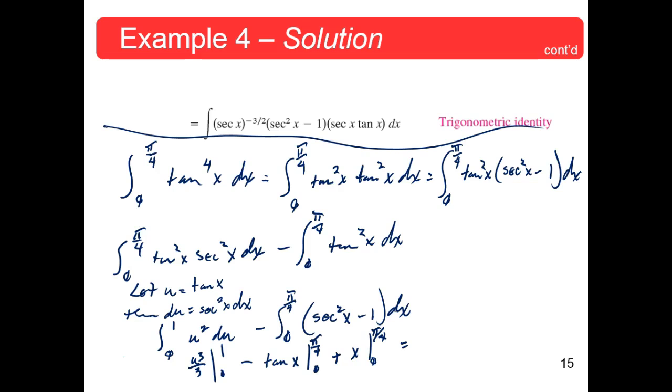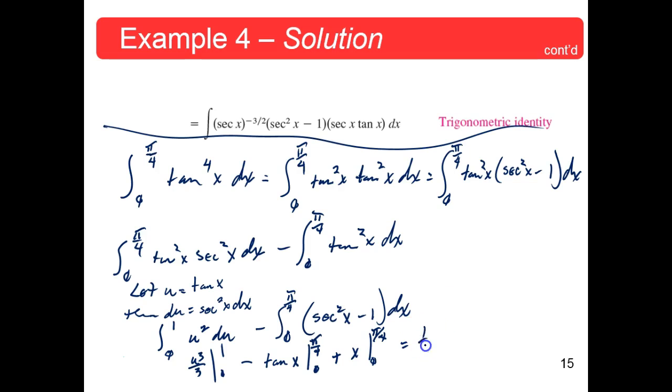Now, u cubed over 3 evaluated from 0 to 1. That would be 1/3.